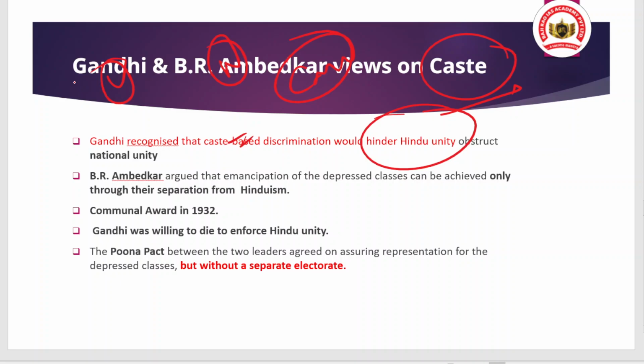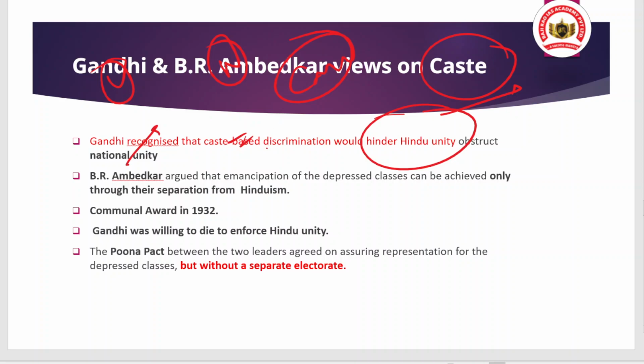Why was he against it? Because it will obstruct national unity. It will not hold the people together, and that is the biggest weakness for a community in India that shares huge diversity.